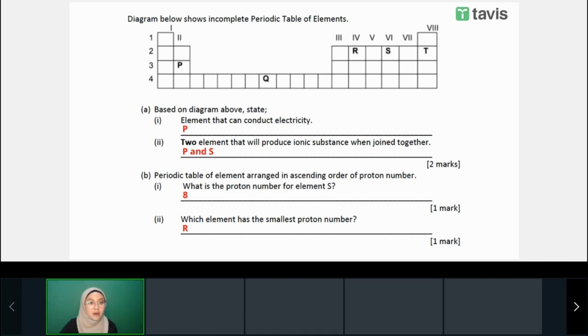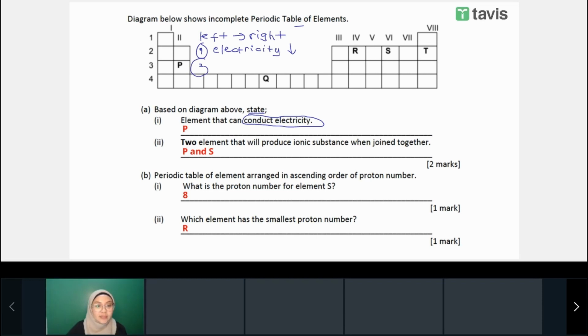Diagram below shows the incomplete periodic table of elements. Based on the diagram above, state the element that can conduct electricity. Okay, I keep repeating this one: moving across the period from left to right, the ability to conduct electricity will be decreasing.